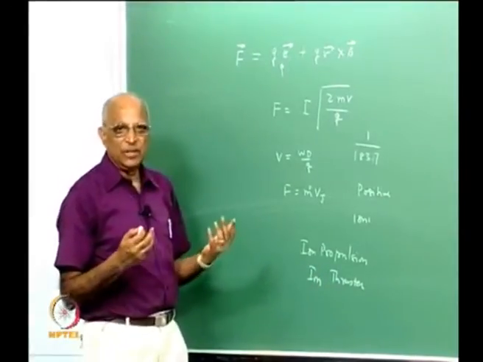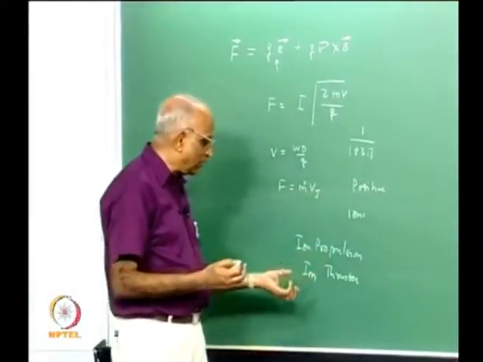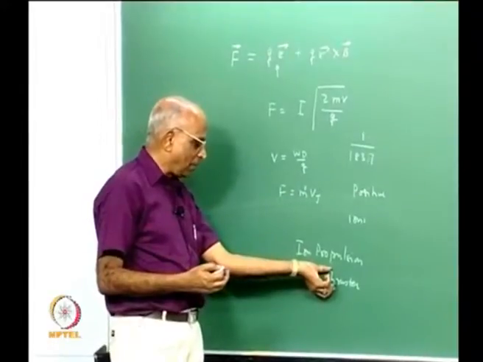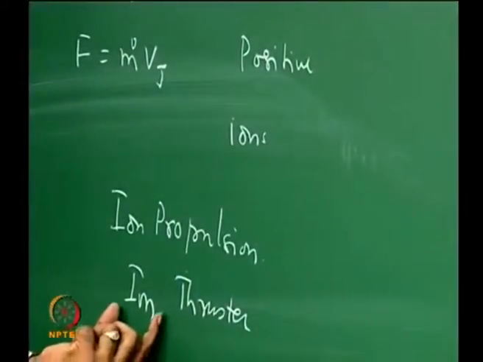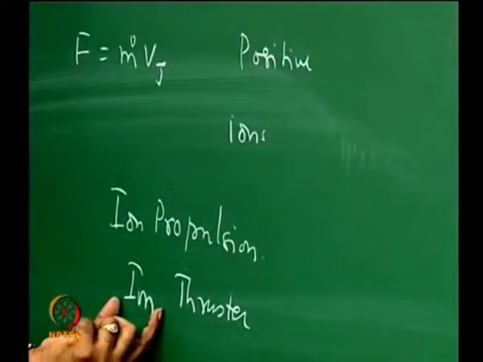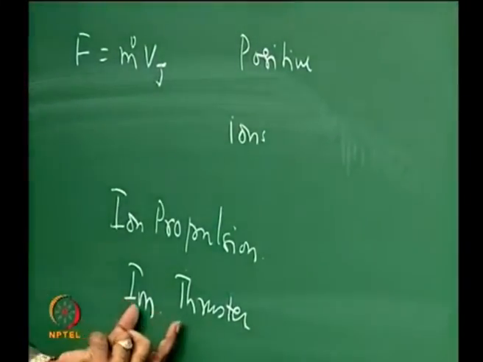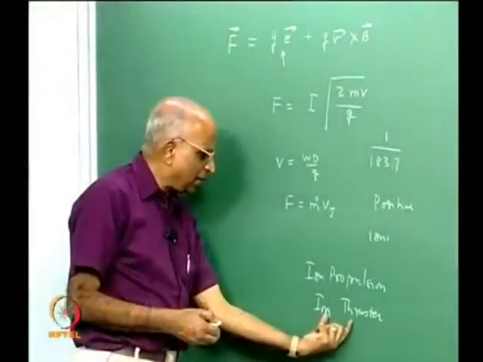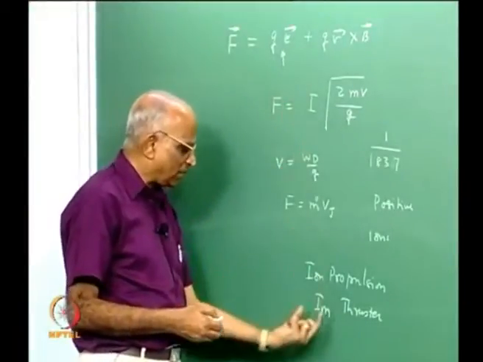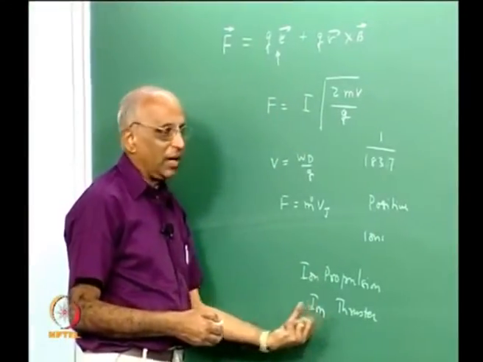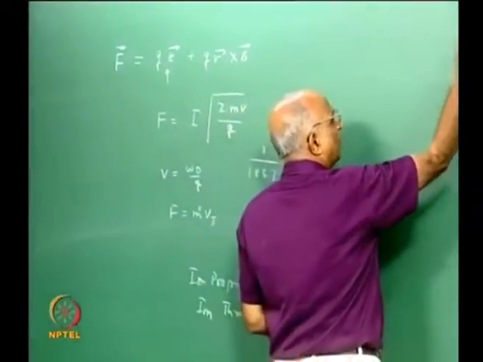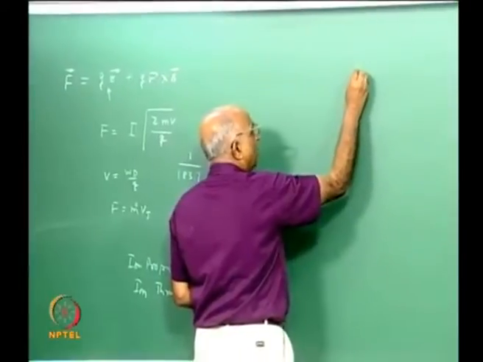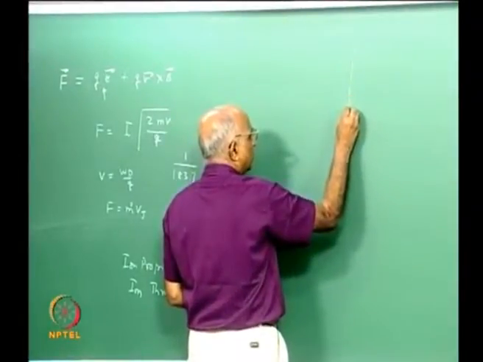There is no hard and fast rule that it must be called a thruster and not a rocket, but generally when a rocket produces a low value of thrust it is known as a thruster, and all the electrical rockets like electrostatic rockets generate low thrust, so we call it an ion thruster.